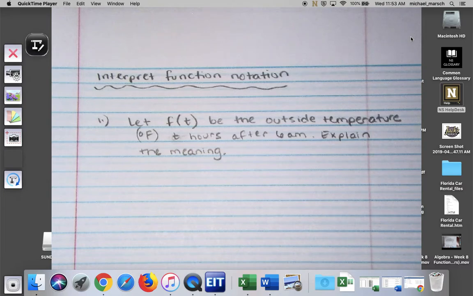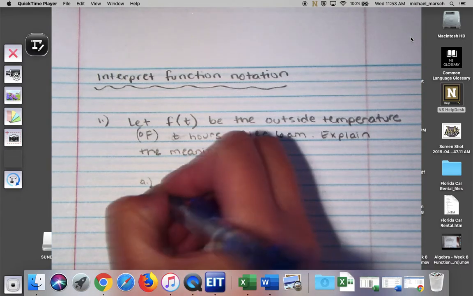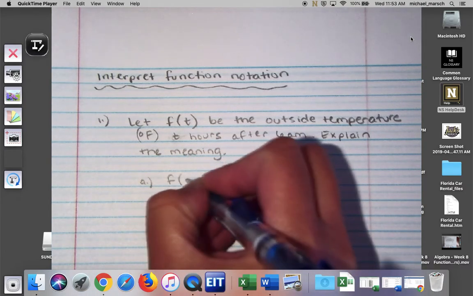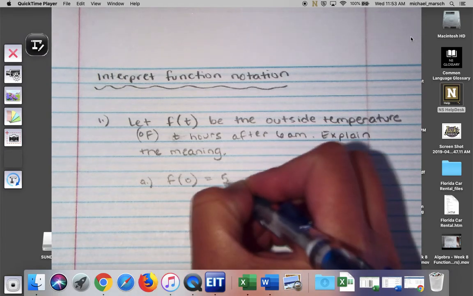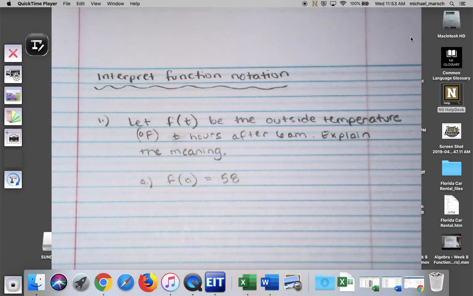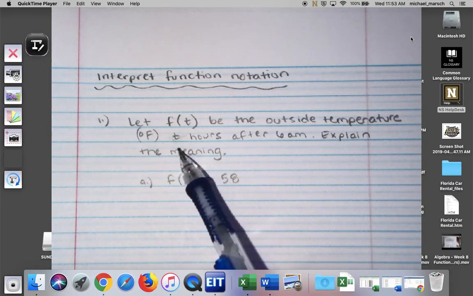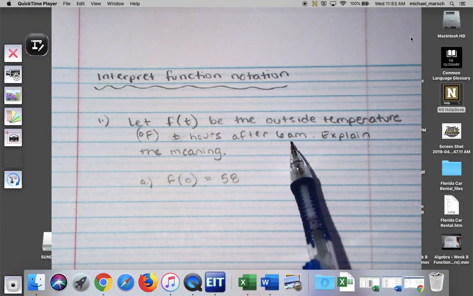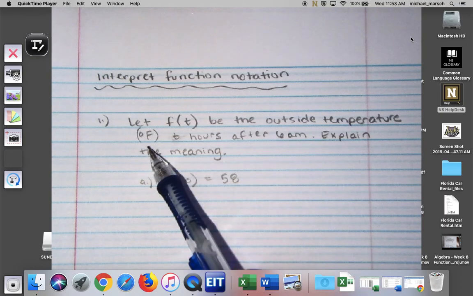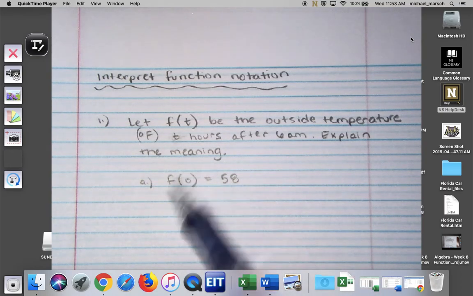Okay, so let's look at these examples. So the function of 0 equals 58. What does that actually mean? So if this T represents the hours after 6 a.m., of what the temperature is, who can tell me what this means?